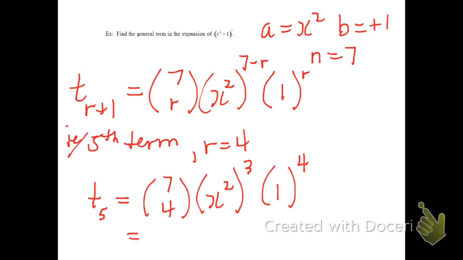So that means that the fifth term, when we expand all this out, will be 35x to the power of 6. So it allows you to find specific terms. And again, this was an exam question.